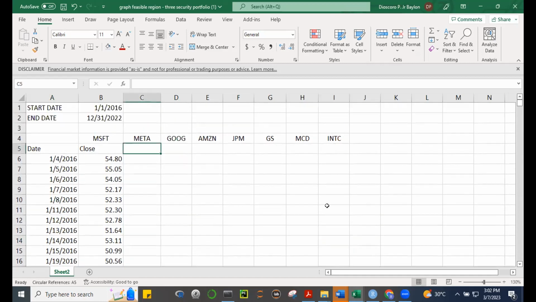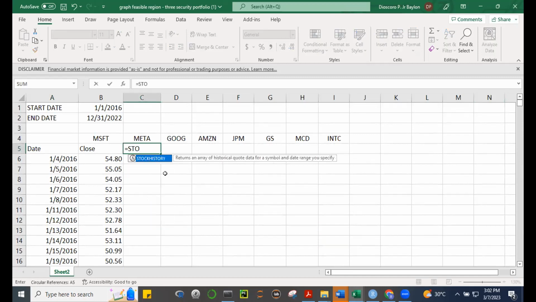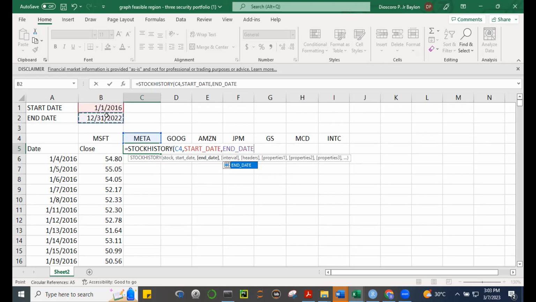I'm going to start here. Then equals, again, stock history. My stock is this one, Meta, comma, start date is the same, which is okay because we're going to copy this to the right, no need to fix this, and the end date. Then this is where the difference lies. I type comma; the default is 0 for daily, so we can put 0 or just ignore it because we want daily prices.